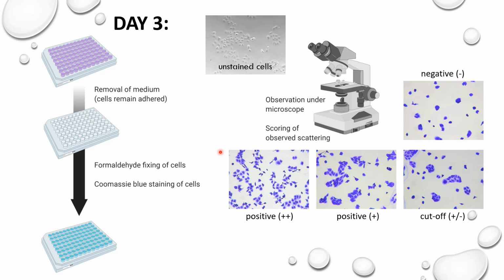And I normally score the scattered cells as positive, the non-scattered cells as negative, and somewhere at some concentration I find maybe a sort of dubious scene of cells that are close together but still are morphologically different from the control cells, and those I call plus minus.